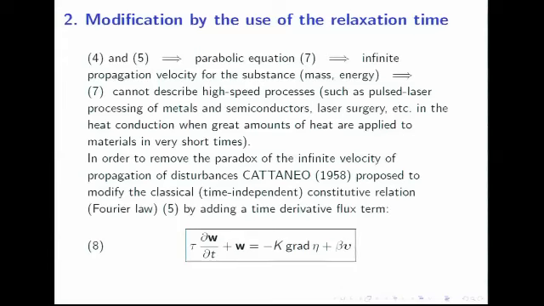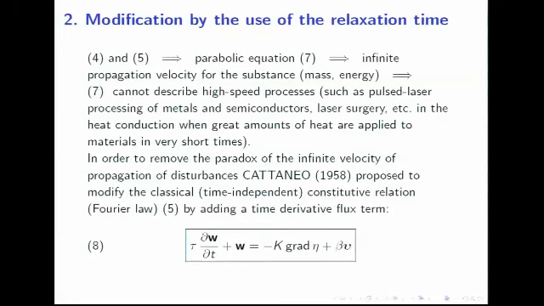In order to remove the paradox of the infinite velocity of propagation of disturbances, Cattaneo in 1958 proposed to modify the classical time-independent constitutive relation. He studied heat conduction, so it was Fourier's law, by adding a time derivative flux term. It is interesting that it was already Einstein who pointed out the need to make some improvements in the diffusion equation, to overcome this inconvenience.